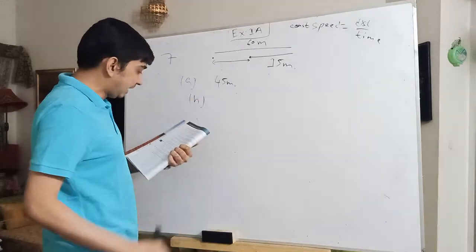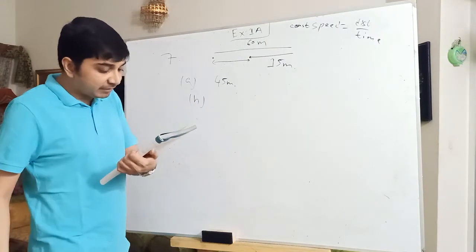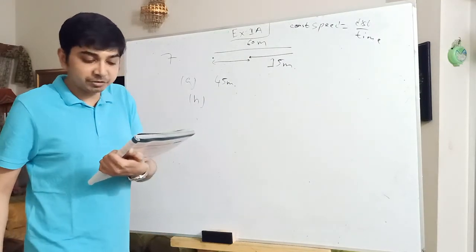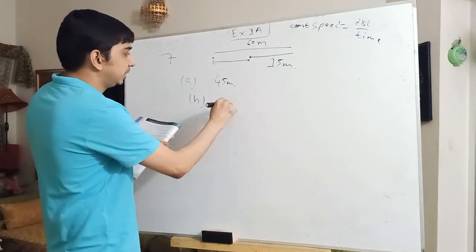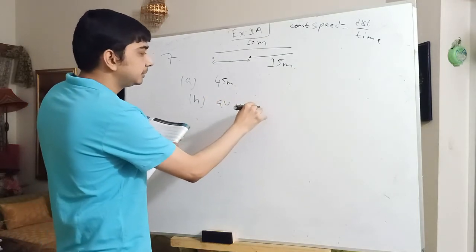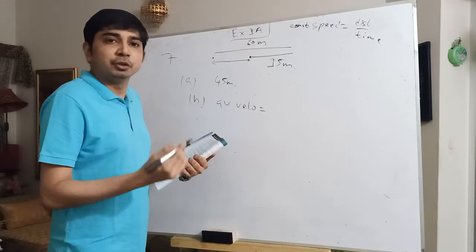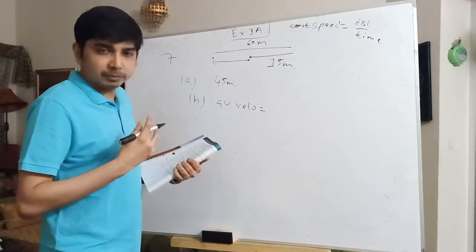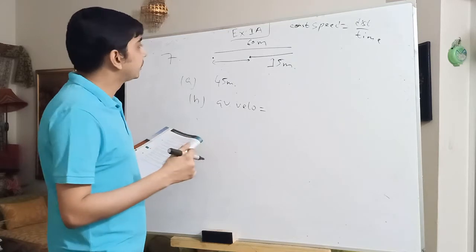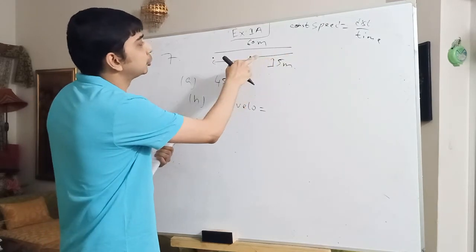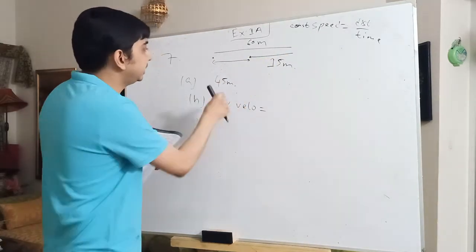Now 7b, find its average velocity in the direction in which it started driving forwards. So average velocity is equal to change in displacement divided by time. After the motion, what is the change in displacement? Actually it is 45 meters.